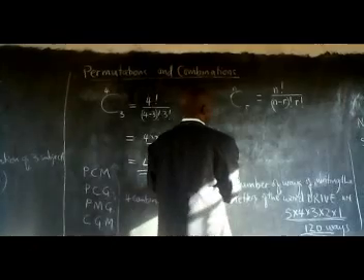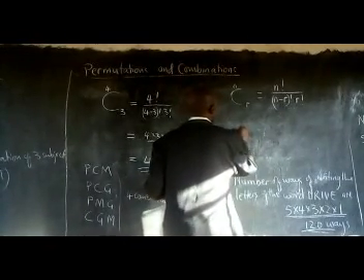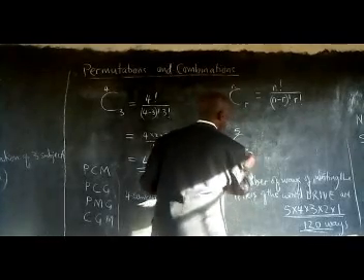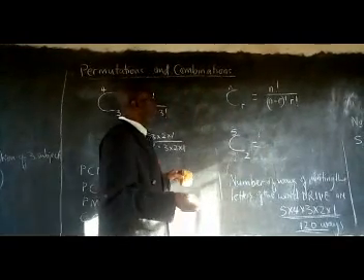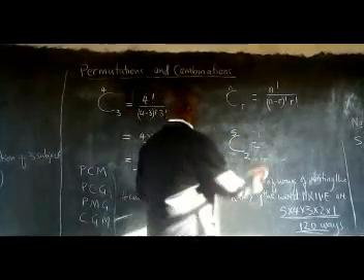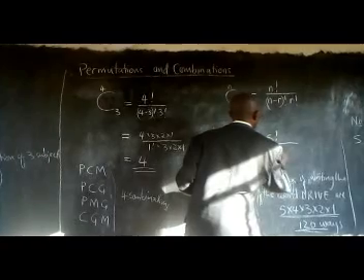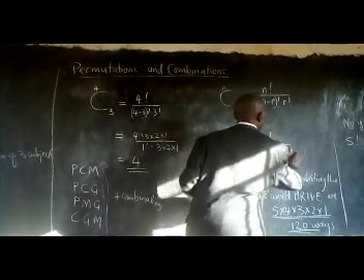Let me show you. If you have got 5 subjects and you want to take a combination of 2 subjects only, but you are choosing from 5, then you should have 5 factorial over 5 minus 2 factorial times 2 factorial.